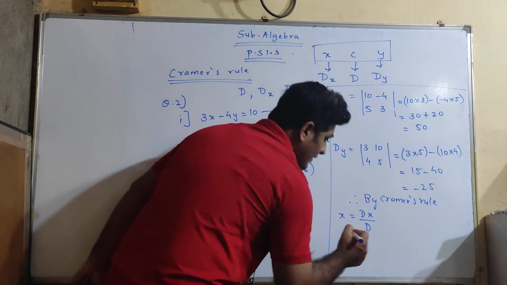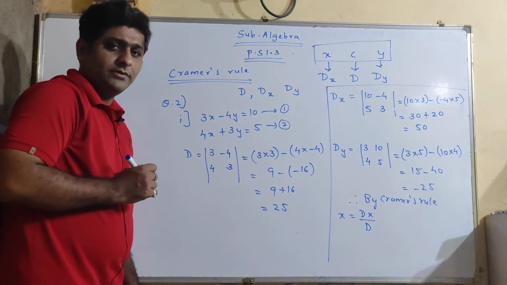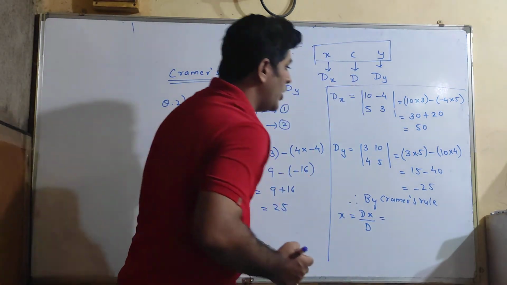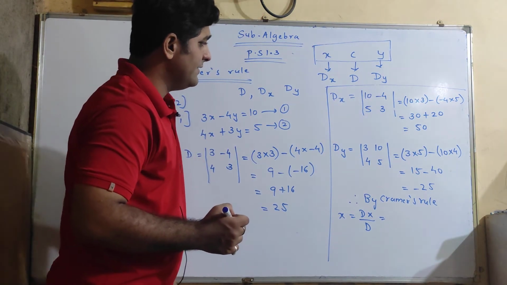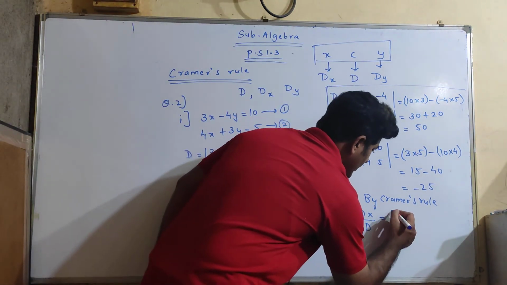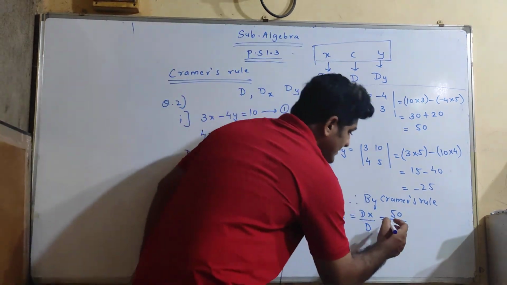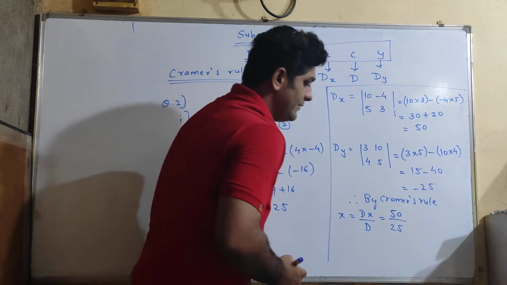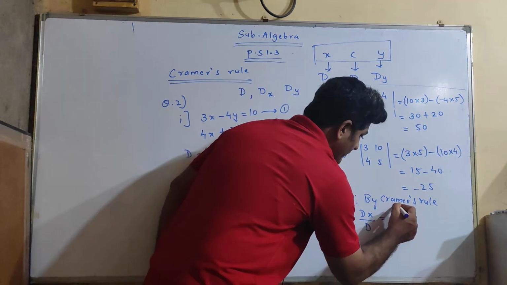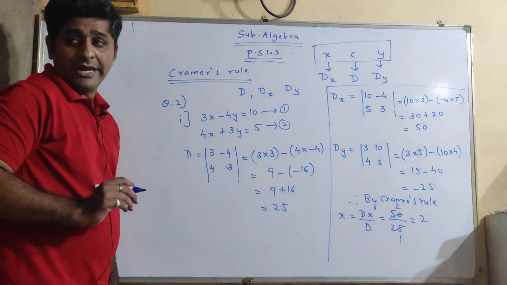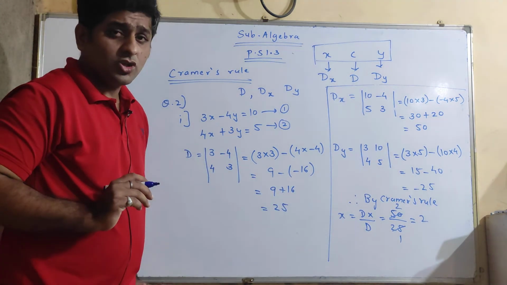X is Dx upon D. Okay, students? So Dx upon D, Dx we know it's 50 and D it's 25. So 25 ones are 25, twos are 50. So we got the value for x as 2.